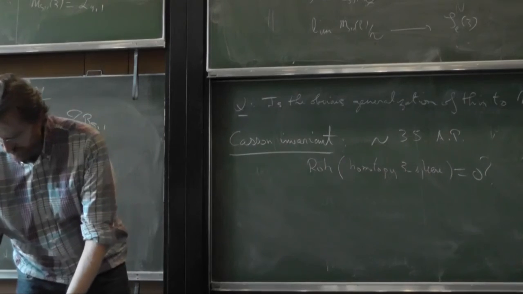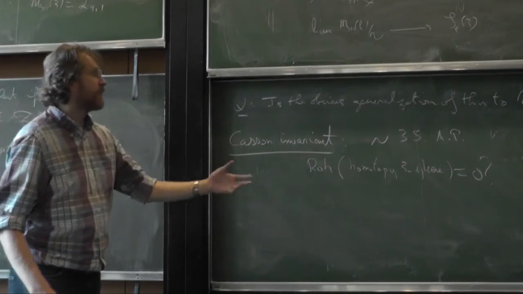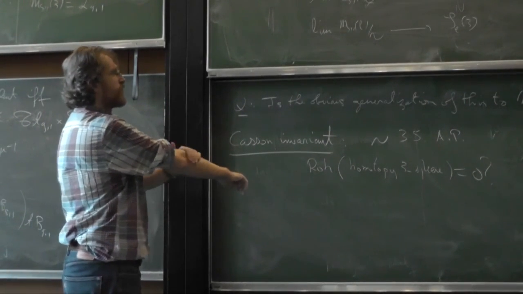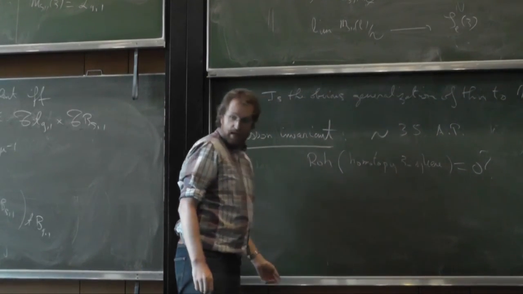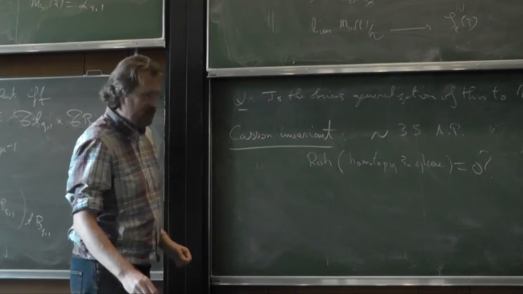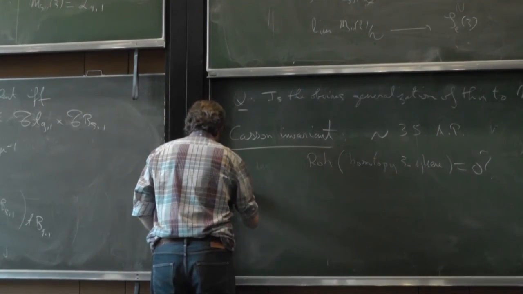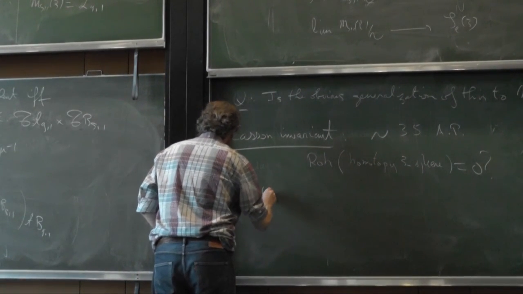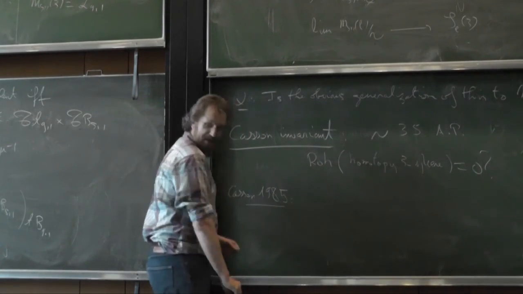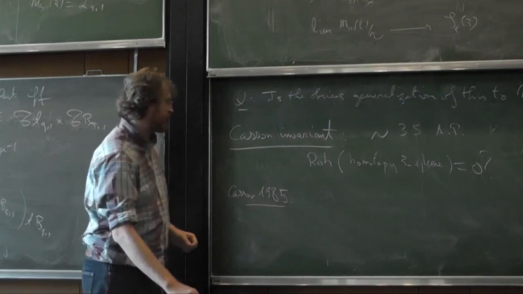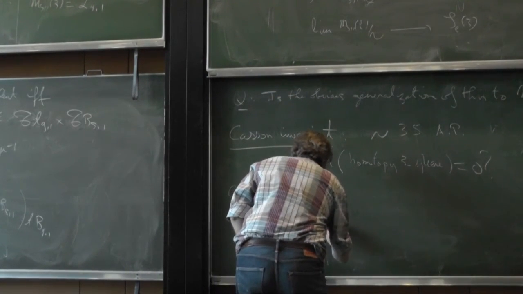Okay, so an obvious question, an obvious way to find a counterexample to the Poincaré conjecture. And in 1985, Casson tells, but obviously does not publish, that he has a lift of the Rohlin invariant.